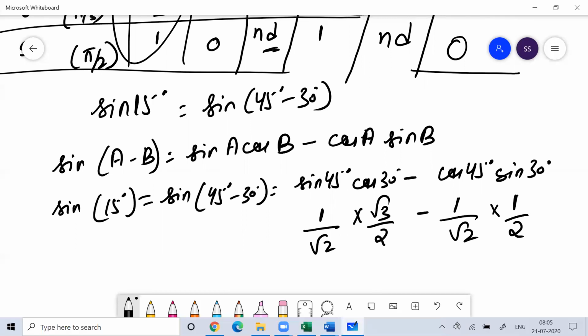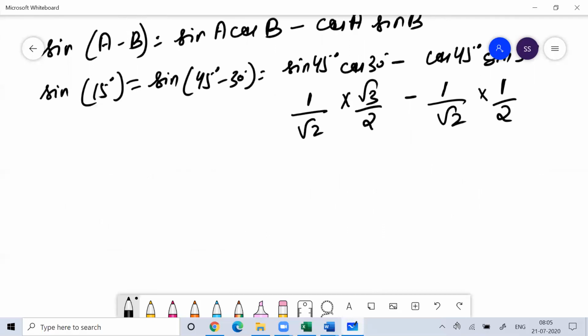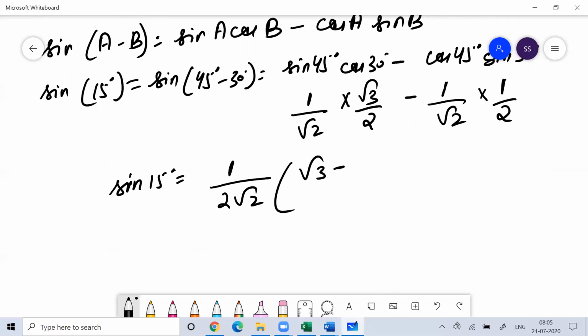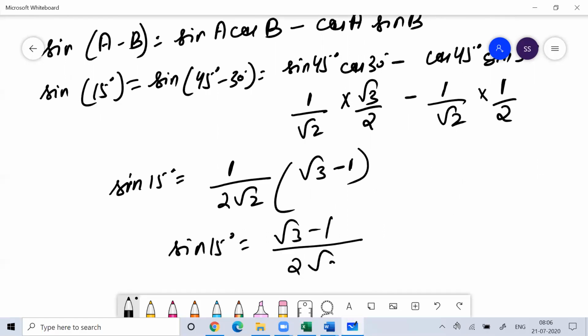So now, if I ask you the value of sine 15 degree, you can take common 1 by 2 root 2. If you take common, this is root 3 minus 1. So sine 15 degree is root 3 minus 1 by 2 root 2.